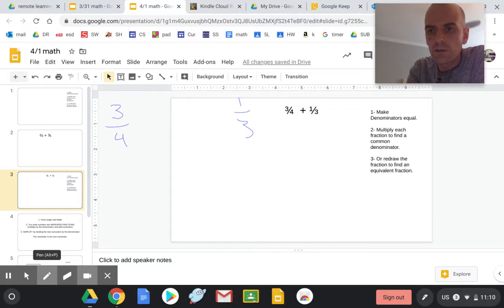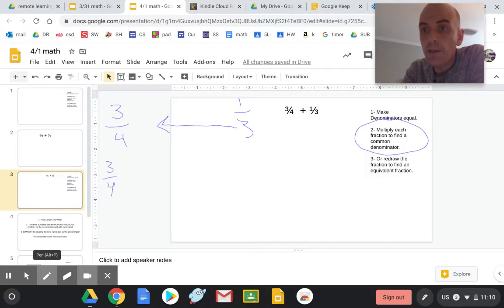My first way to make denominators equal is I'll multiply each fraction to find a common denominator. So I'm going to do 3/4, and I'm going to multiply it by the other fraction's denominator, by 3/3. Okay, so 3 times 3 is 9. 4 times 3 is 12.